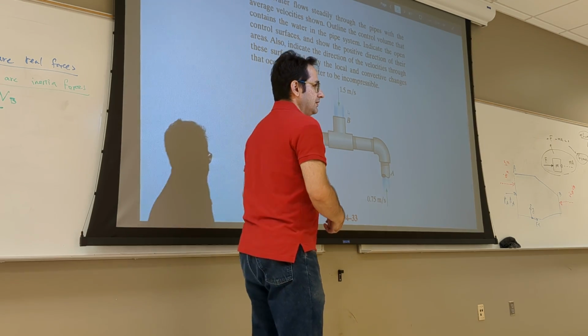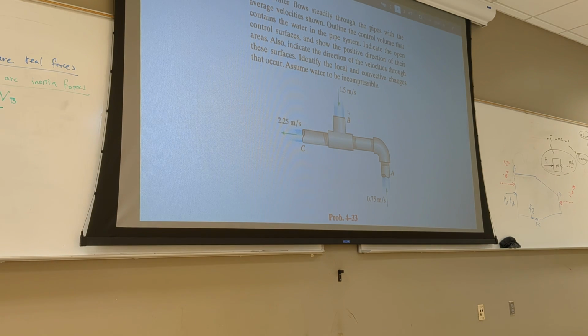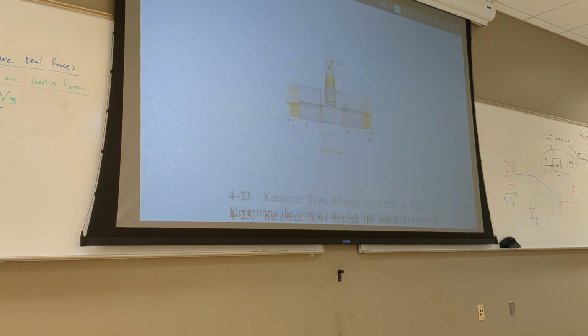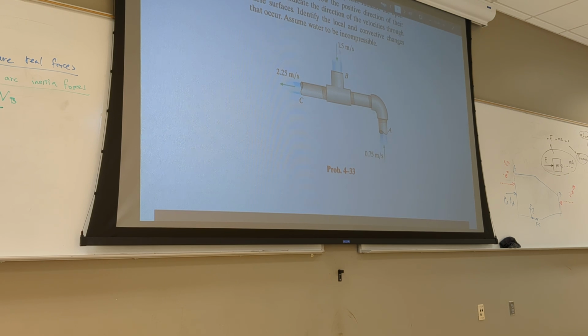I just had a quick question. Yes. On the quiz, PA and pressure is not exposed to atmosphere, because all of them are inside pipes? Okay, if you go back to the problem, you see these are inside the pipe. But this one, you see that little thing is open.